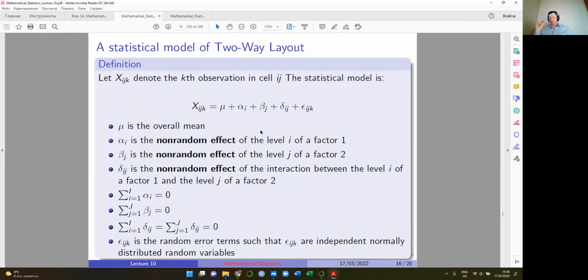So look, if you got the logic of one-way ANOVA, now we want to capture how much of the variation in x comes from alpha, how much of the variation comes from beta, how much of the variation comes from this interaction, and how much comes from this random error.